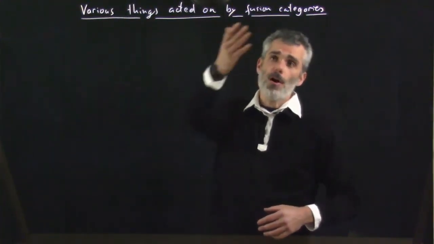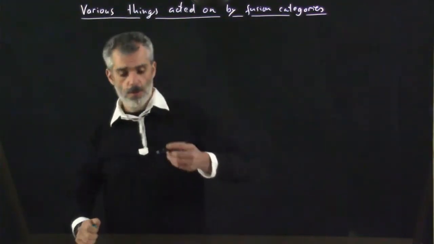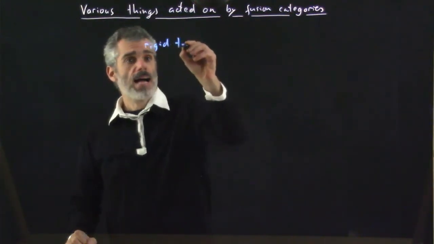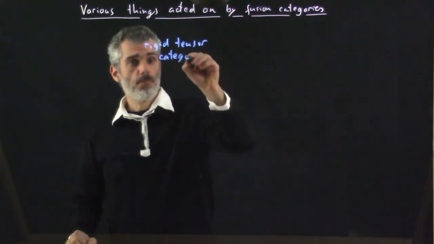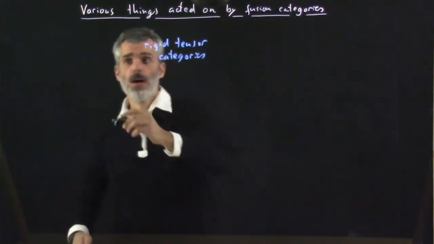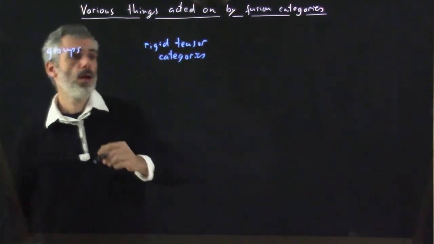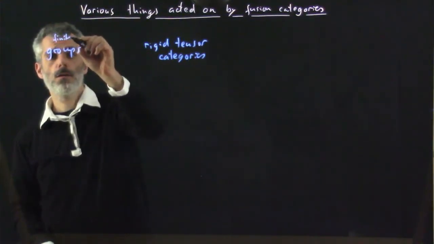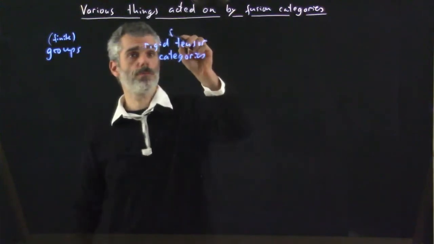I like to think of fusion categories, or more generally, rigid tensor categories, as analogs of groups. And the group being finite is the condition that the rigid tensor category be fusion.